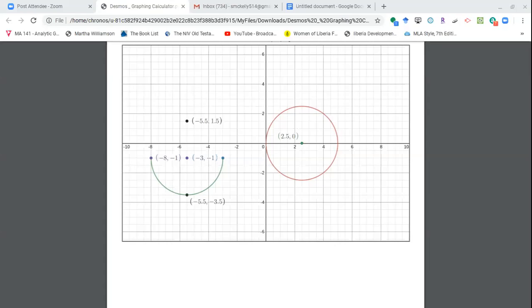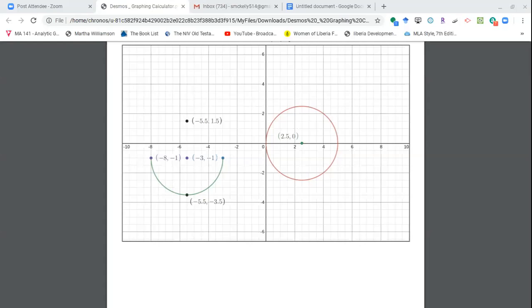Now, if you look at the picture, which is why I wanted to draw this out. So what did you just do? You added those two terms together. So I know that -8, -1, and -3, -1 are endpoints on the circle, correct? Right.